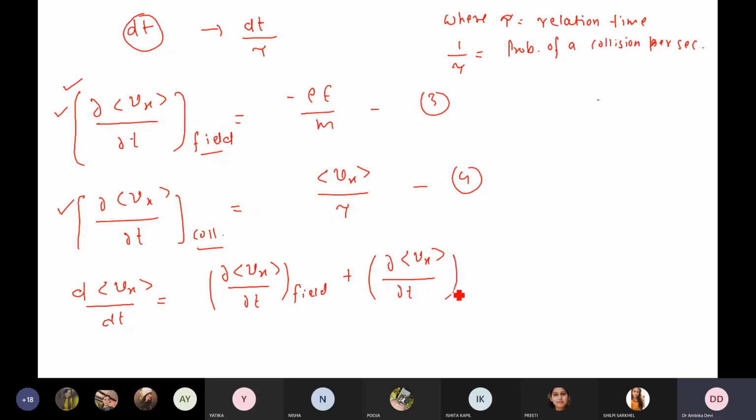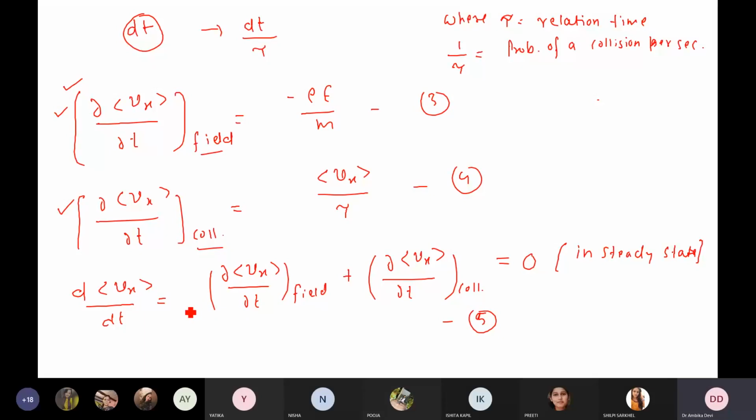And we also know that in steady state, the variation of velocity with respect to time is equal to 0. That's what we are taught in the free electron theory. Let us say this is equation number 5.